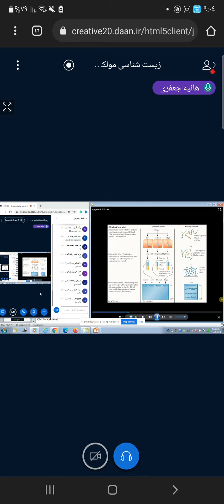And you can remove nuclei from cells and work with them individually in test tubes. So when you have a nucleus, you have DNA that is associated with proteins. These orange balls each represent a single nucleosome, and the blue line is DNA.